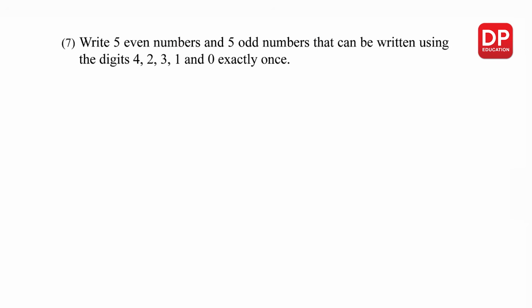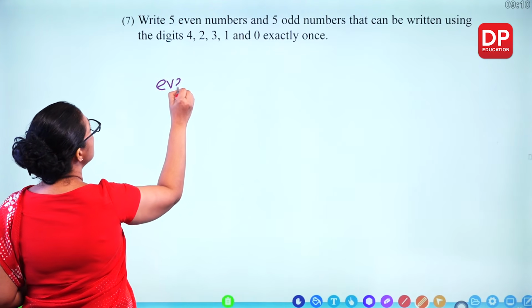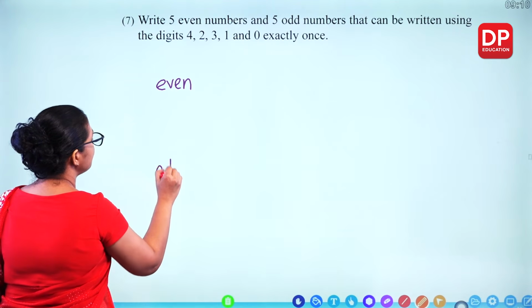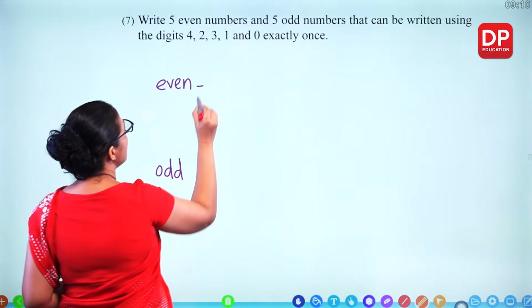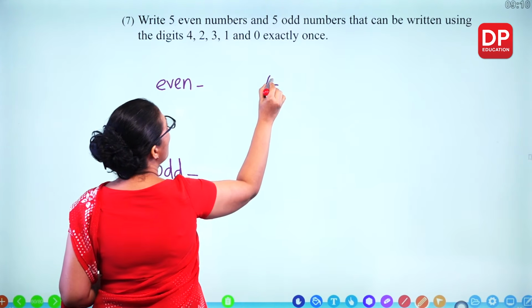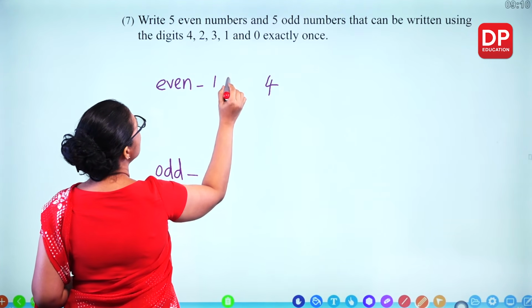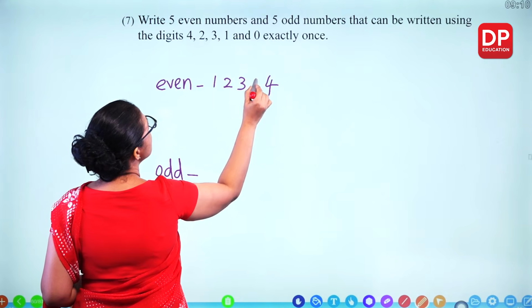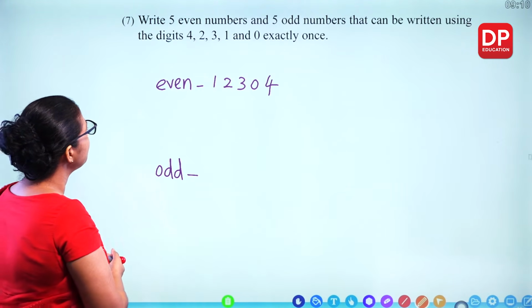Question number 7. Write 5 even numbers and 5 odd numbers that can be written using the digits 4, 2, 3, 1, 0 exactly once. That means we have to use all digits. So we'll write down even, odd. The last digit can be 4 for even. I can write any order: 1, 2, 3, 0, 4. That's one number.